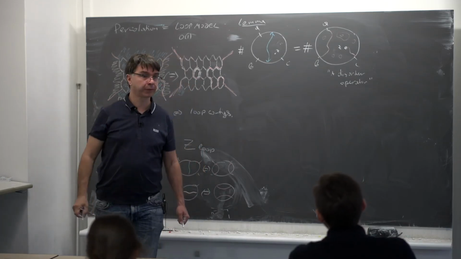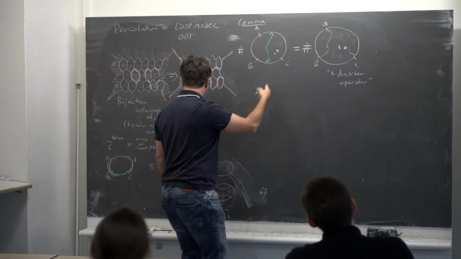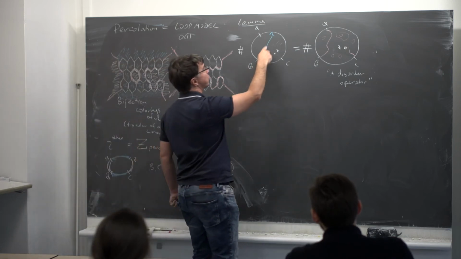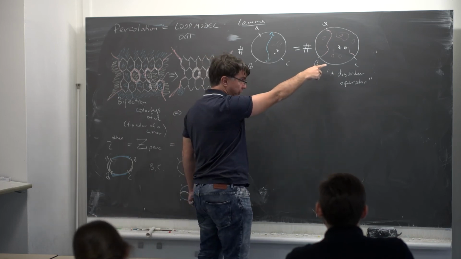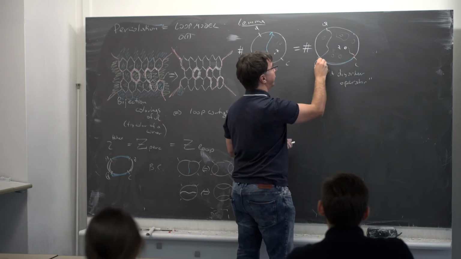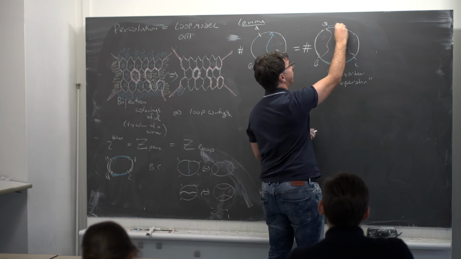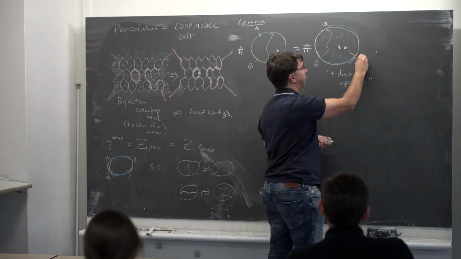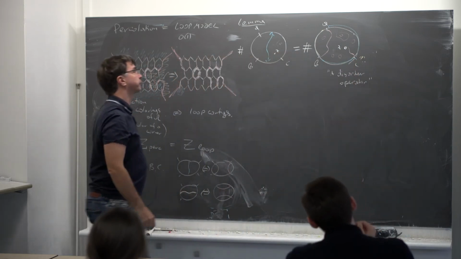What are the boundary conditions? Here there are no boundary conditions for percolation. They are not important. You just ask that there is a crossing between these two arcs. If you want to go here, then of course the boundary conditions would be that you start with blue, then the next arc has to be yellow, then the next arc has to be blue, and then oops, it has to be yellow. So it's a contradiction. You cannot do the covering.